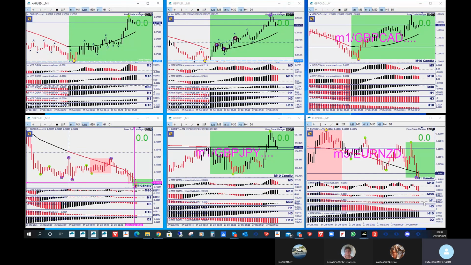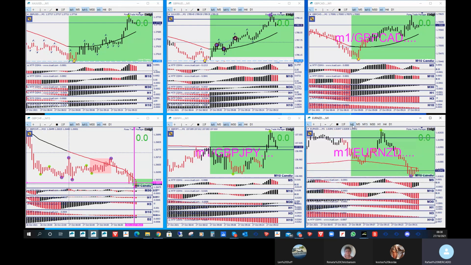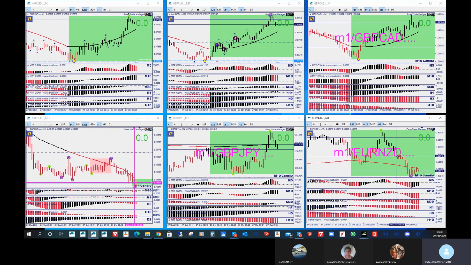Okay, I start thinking. We missed this entry here. It was at the same time as pound dollar, I think. 8 pips.